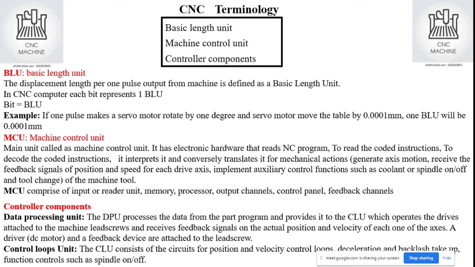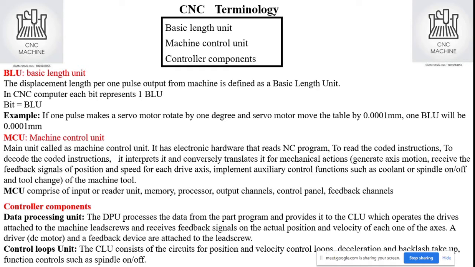Then the data is controlled with the control circuits, which are known as the control panel. If you give various input data to the machine, how the machine behaves can only be collected through the feedback channel. So the machine control unit comprises the reader unit, input unit, memory, processor, output channels, control panel, and feedback channels.